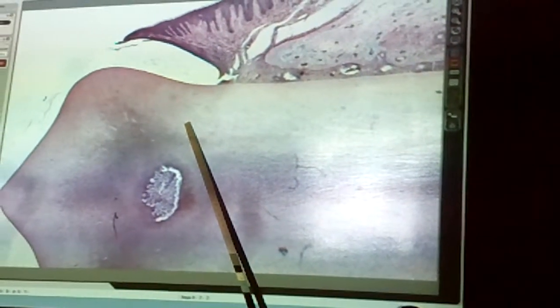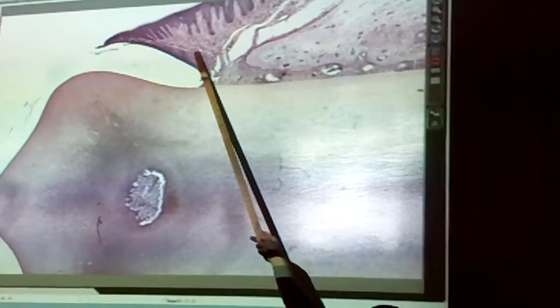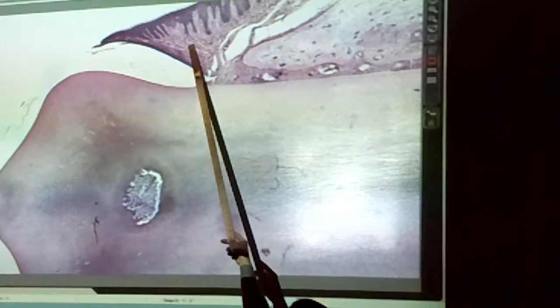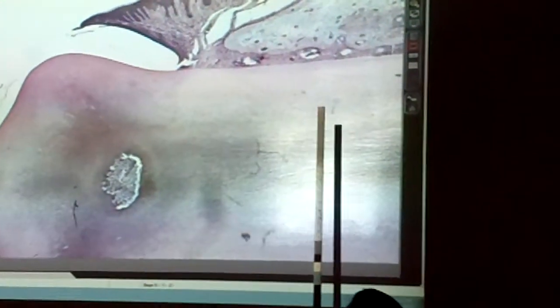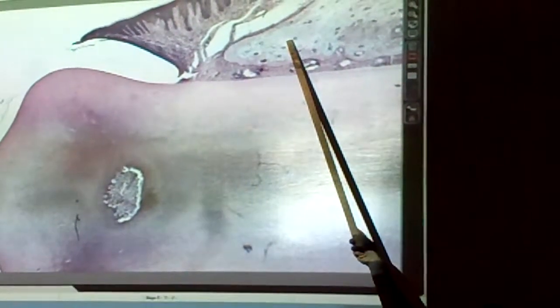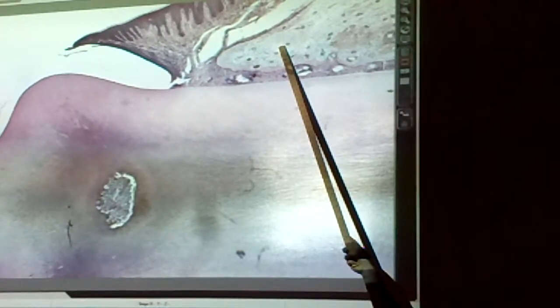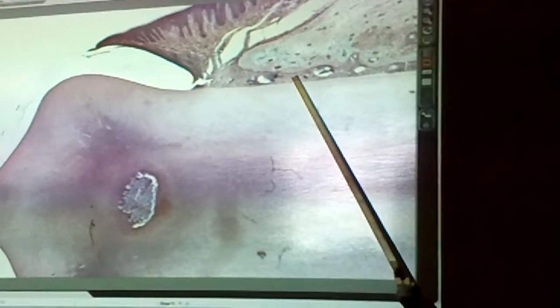Neck. Gingiva. Area? Root. Alveolar bone. Cementum. Periodontal ligament. And area.